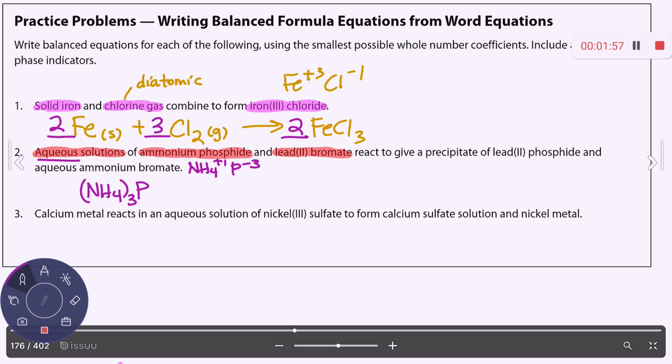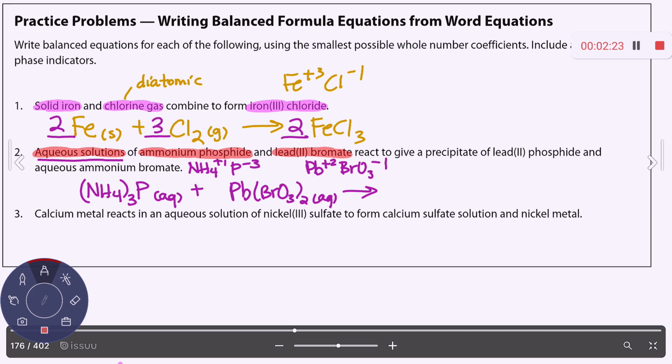And since it's a solution, you have to put AQ after it. Then I have lead 2 bromate. So this is Pb plus 2 and BrO3 minus 1. So this would be Pb with my BrO3 in parentheses with the 2 on the outside. That is also a solution.